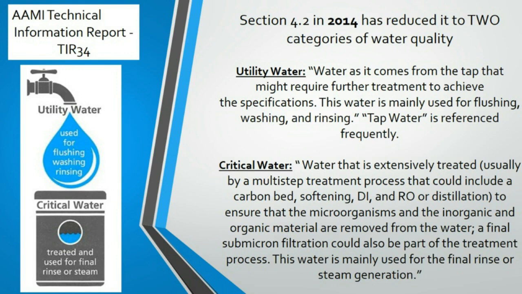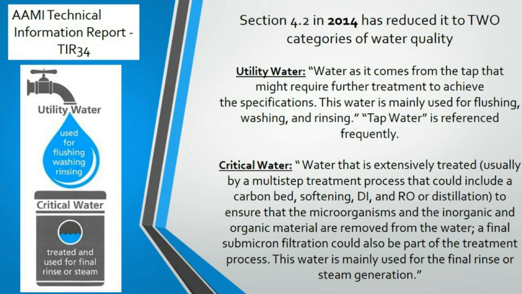You have your utility water, which is water as it comes from the tap that might require further treatment to achieve the specifications. This water is mainly used for flushing, washing, and rinsing. Tap water is referenced frequently. So that's what you're going to hear most of the time. Someone's going to say tap water, what comes out when I turn on the faucet, however that makes sense to you. That's really what utility water is.